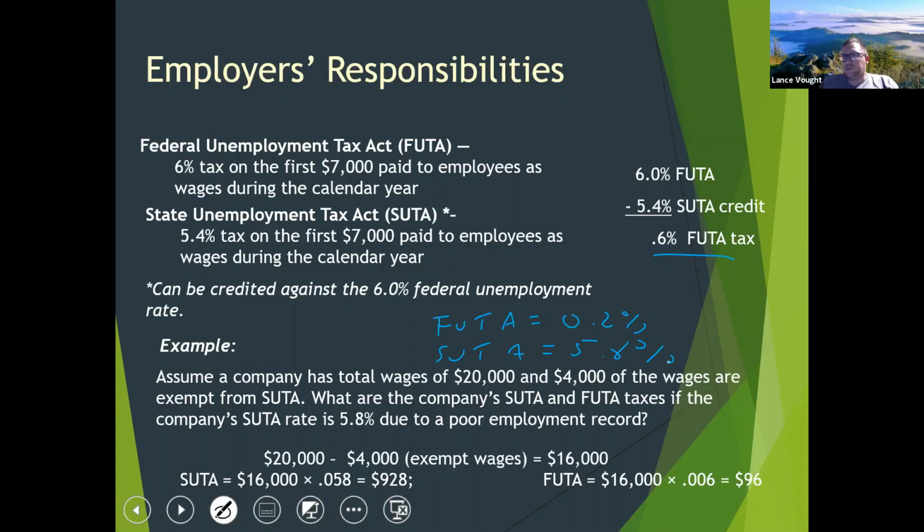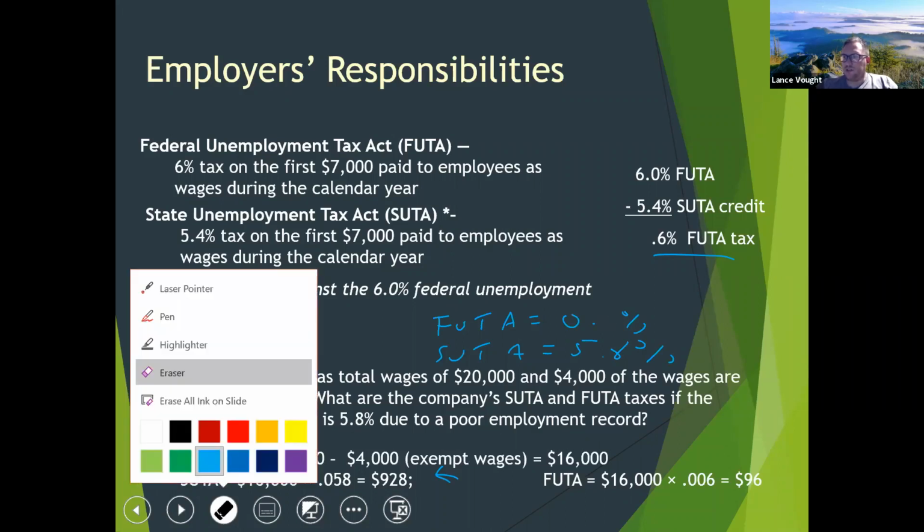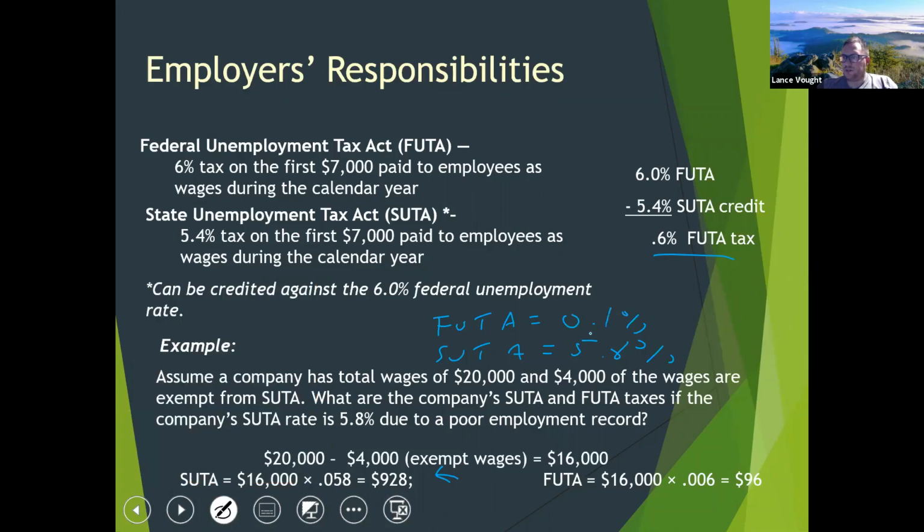So if they do 16,000 times 0.058, that gives us $928 that they'll have to pay to the state. And then their federal is actually still 0.06, there's going to be 0.6%, because the 5.8% is a special rate.